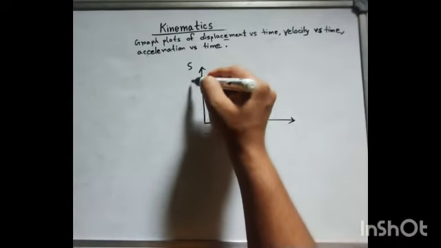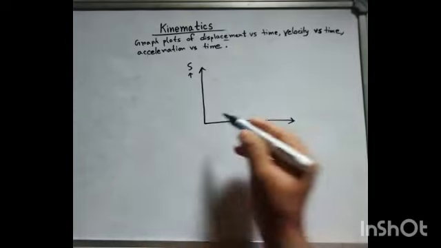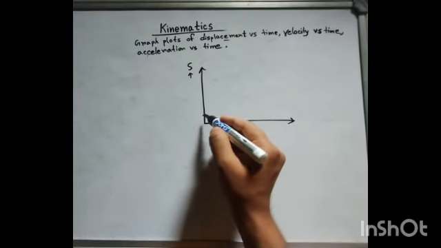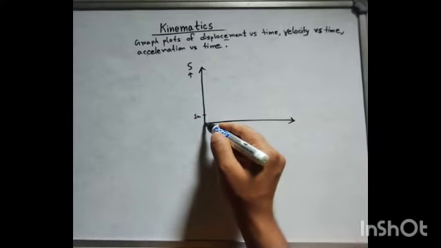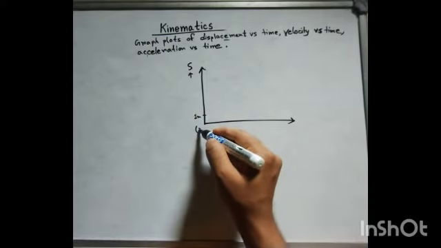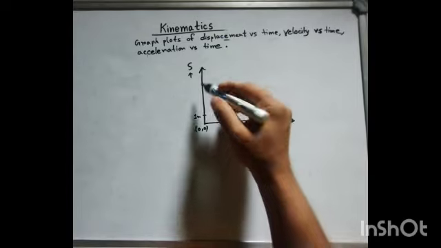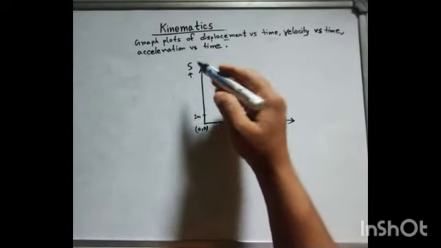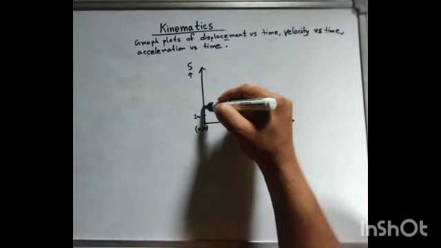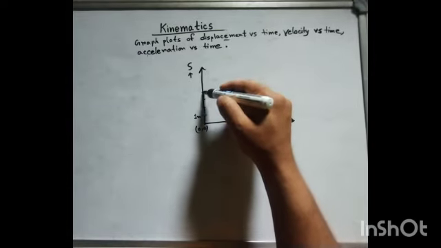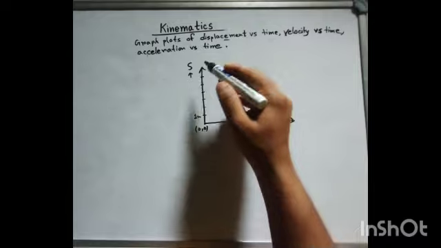Here on this side s will increase. Suppose we are writing it on a meter scale, so this is the 0 point, and I am representing displacement on the y-axis, so it will be 1 meter, 2 meter, 3 meter, 4 meter, 5 meter, 6 meter, and so on.